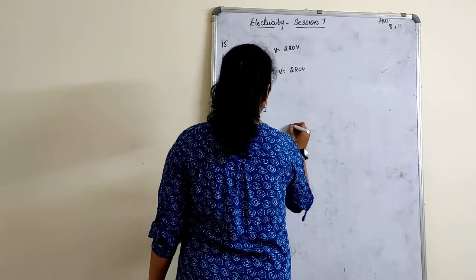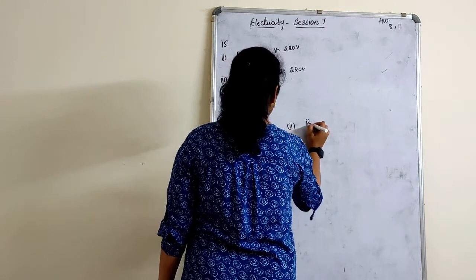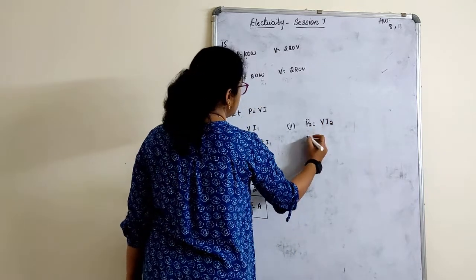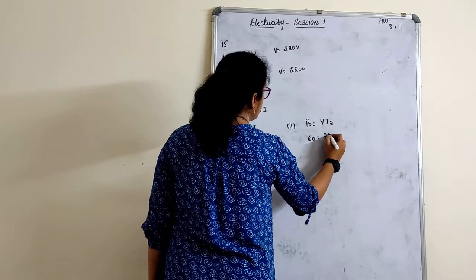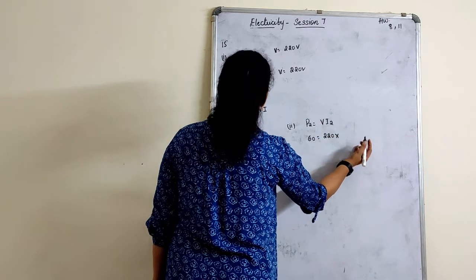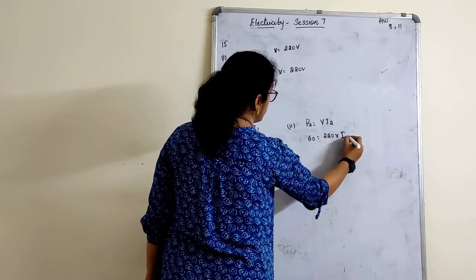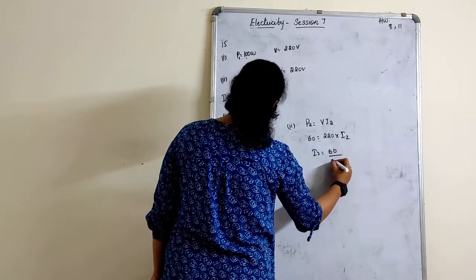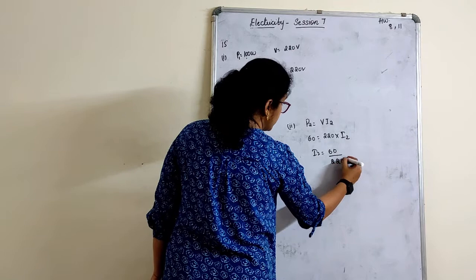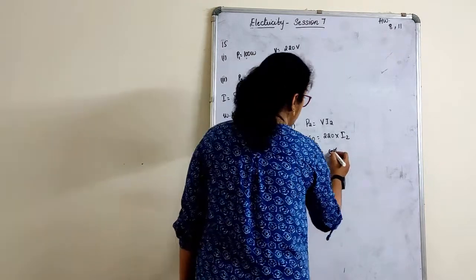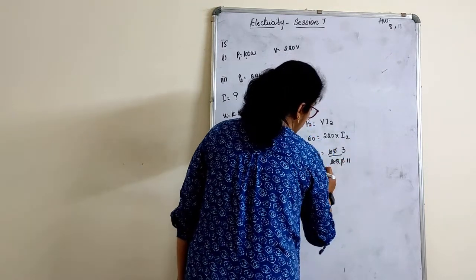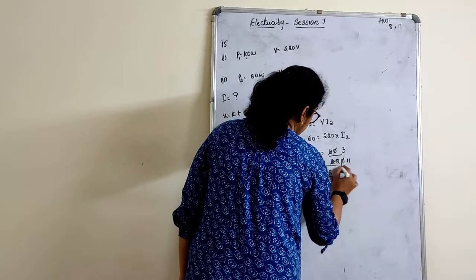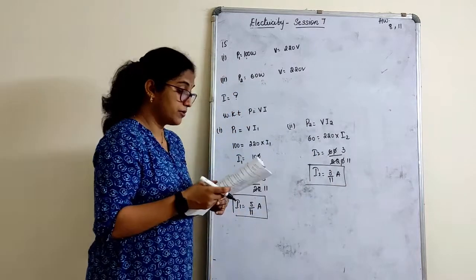Second part. P2 is equal to V into I2. What is P2 here? 60 is equal to 220 into I2. So I2 is equal to 60 divided by 220, which gives I2 equal to 3 by 11 ampere. What have they asked here?